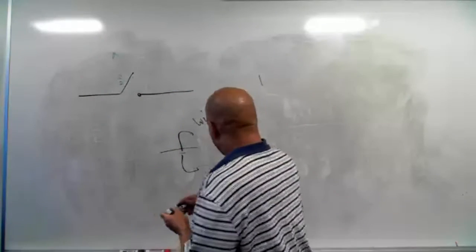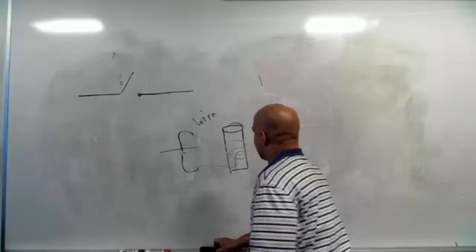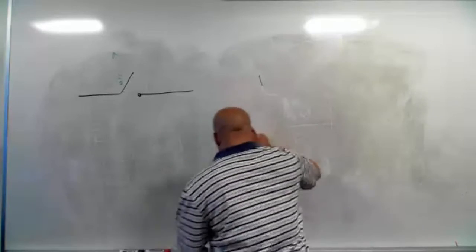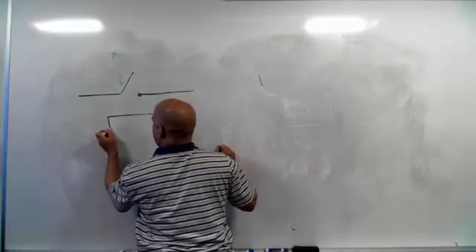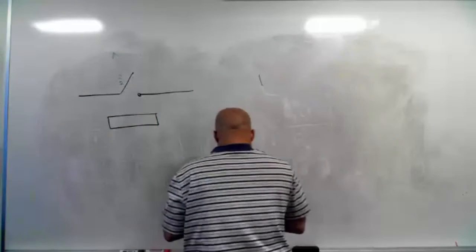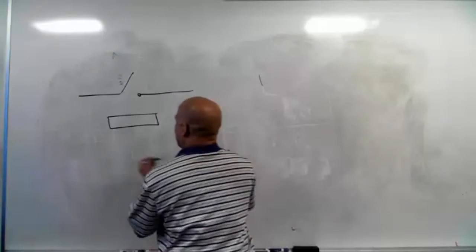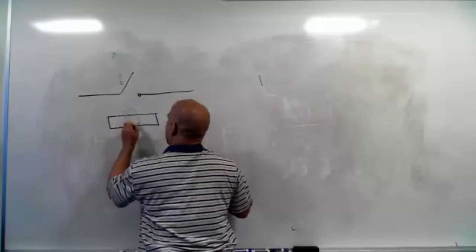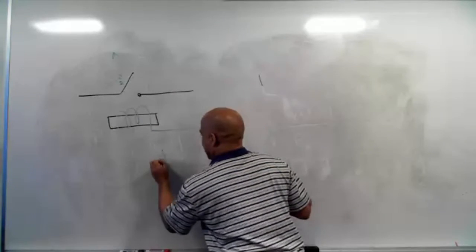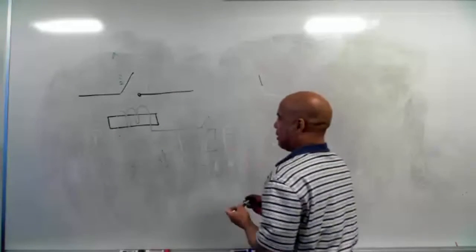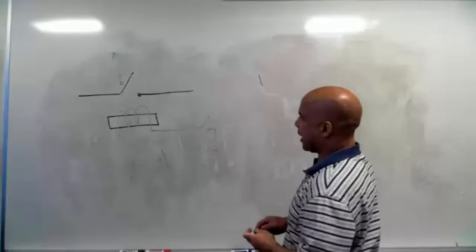And then what I'm going to do is take this electromagnet, I'm going to put it right below that switch. So I got my electromagnet right here. Here's the bar. And then I got my wires wrapping around it like this, come out here to my battery. So I hope you can see that in the camera.